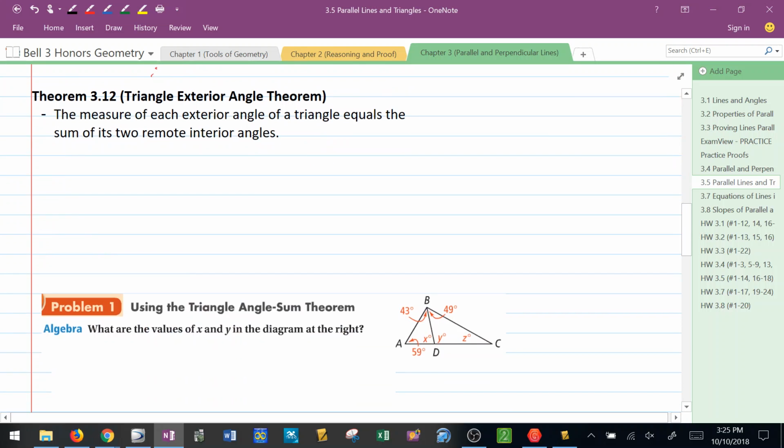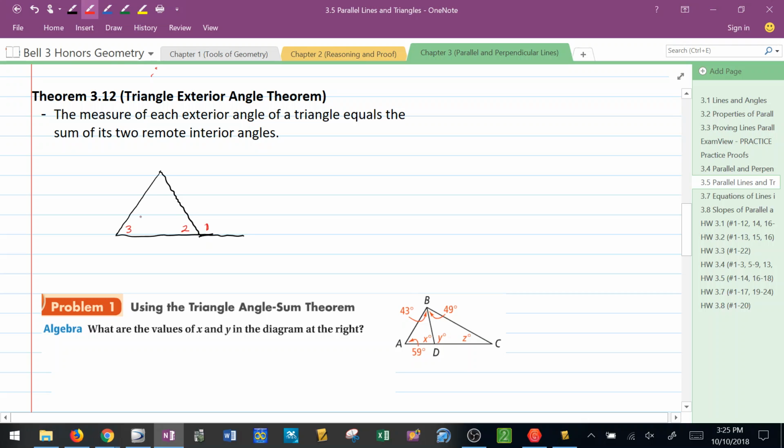Now, the next theorem that we have is 3.12, which talks about the triangle exterior angle theorem. So this tells me I've got a triangle. And let's say on this triangle, I went ahead and extended one of the sides out already. This creates for me this angle, which we're going to call 1, an interior angle that actually forms a linear pair with it.